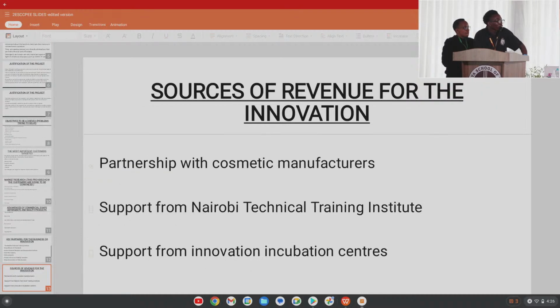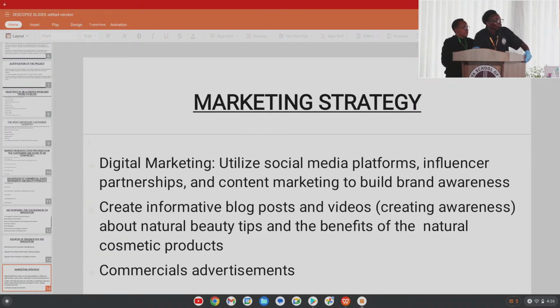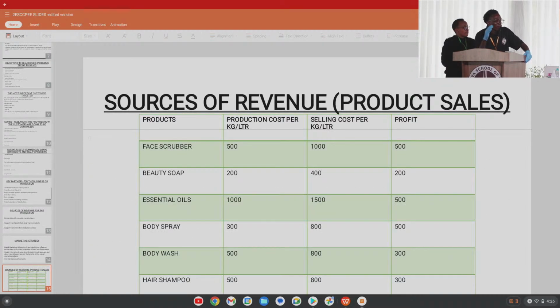Before I go to the revenue table, the market strategy. We know that this affects the youth, so we use TikTok, the social media platform. We also use one radio station, NAFC Africa, for advertisement.